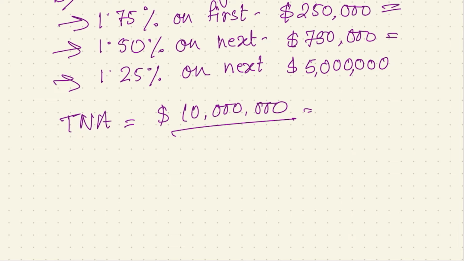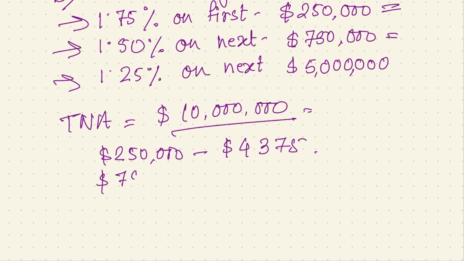If we see this example of TNA of 10 million, on this much amount you will be charging 1.75 percent of management fee, which will be around 4357. On the next amount you will be charging 1.5%, so that will be around 11,250.